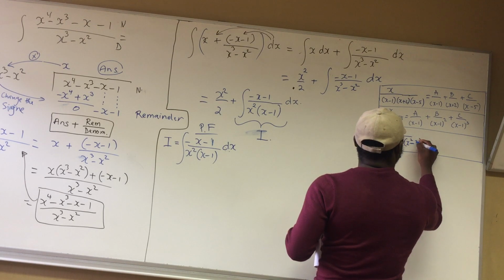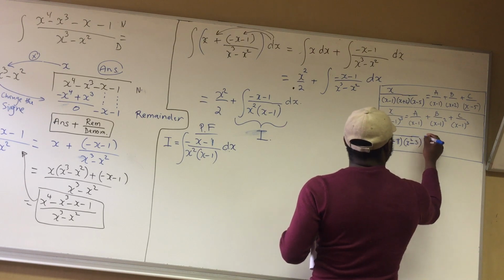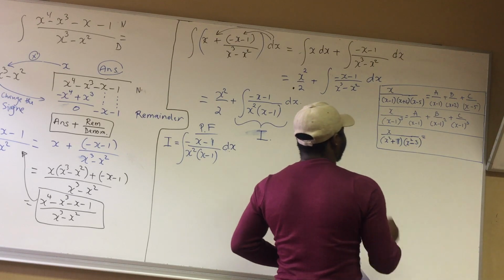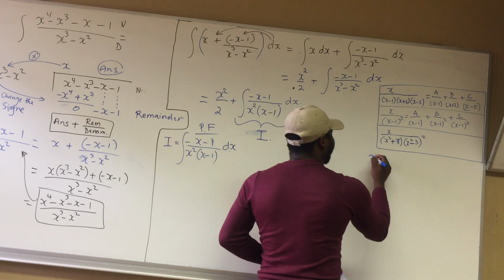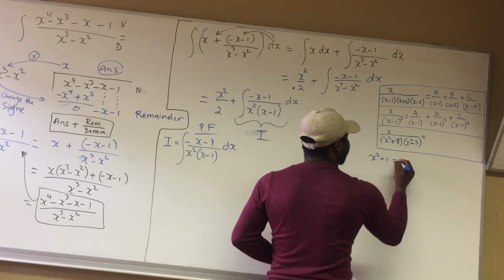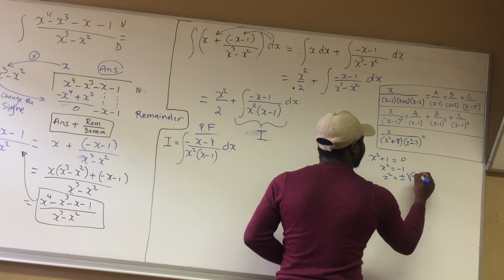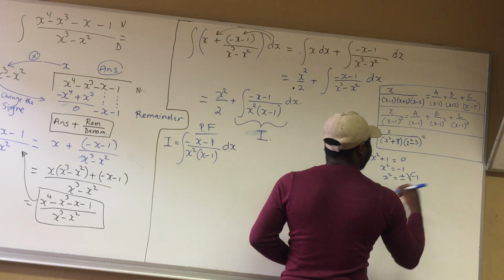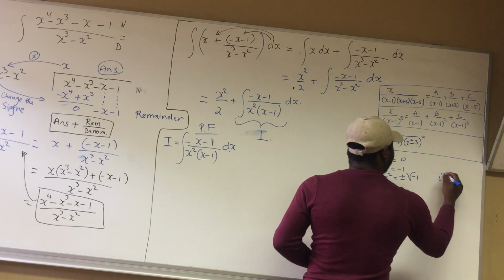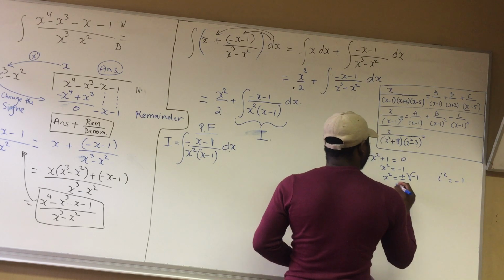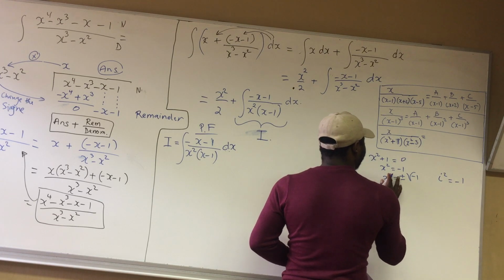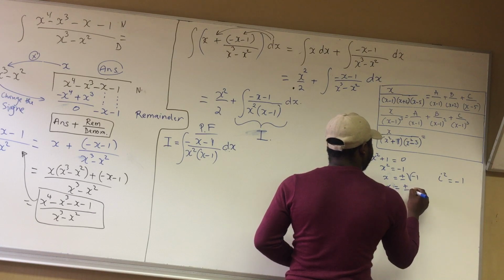When you have a case like this, x squared plus 1 equal to 0, x squared equal to minus 1, x equal to plus or minus the square root of minus 1. And then you know that i squared equal to minus 1. So basically x equal to plus or minus i.